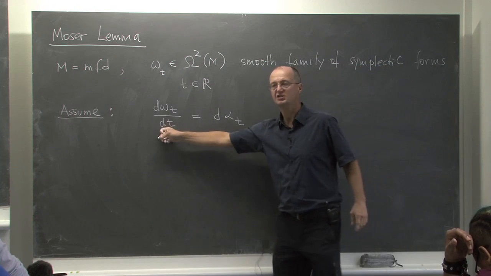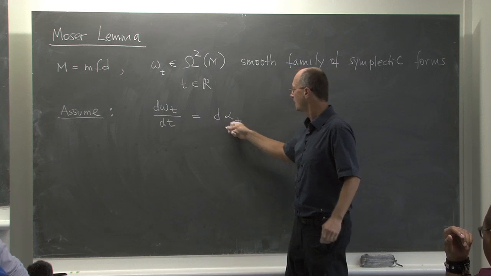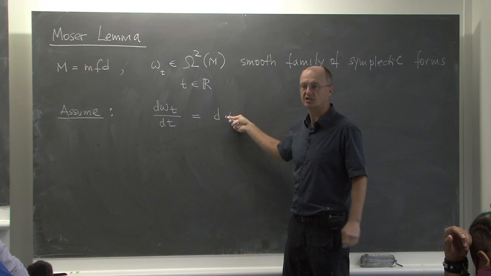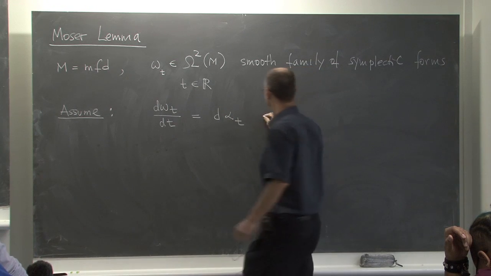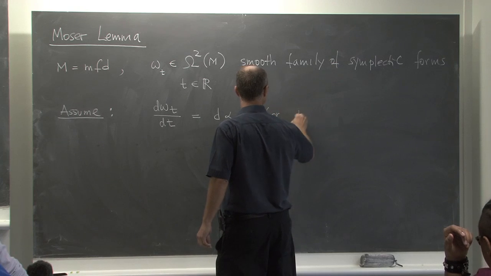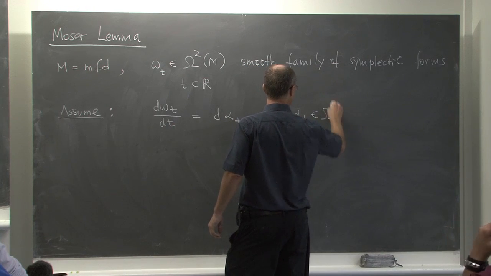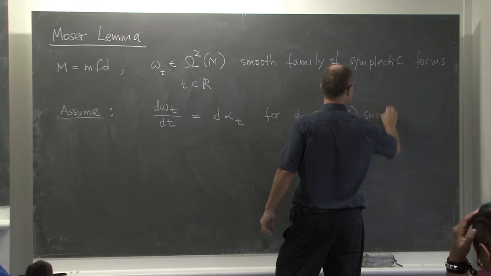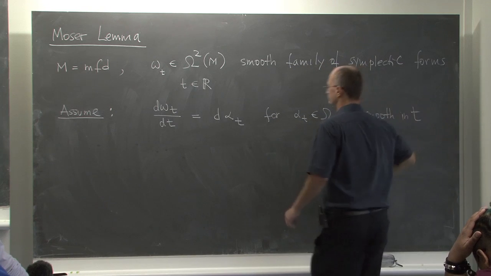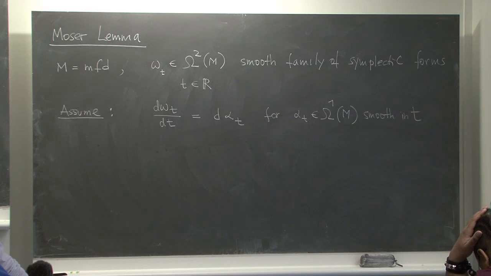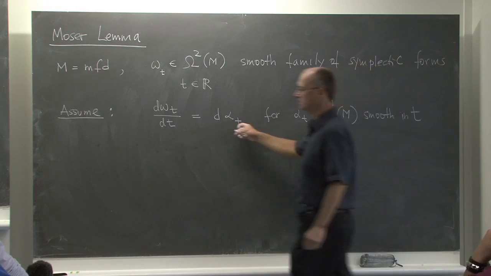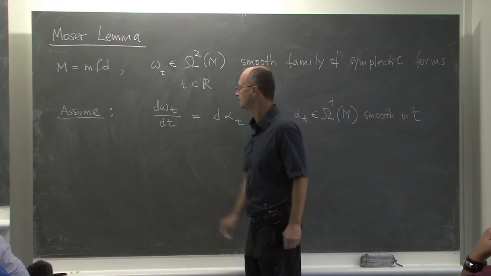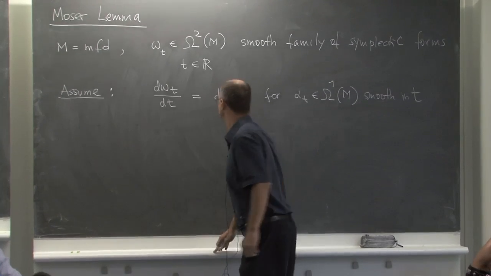So the left-hand side is exact, and for the right-hand side we have some alpha t, a smooth family of one forms, such that the differentials of alpha t reproduce d omega t over dt.